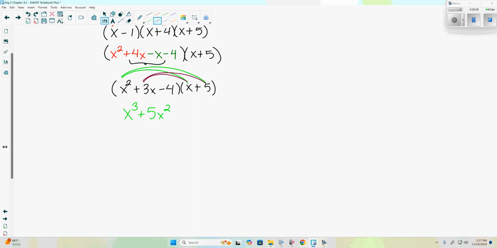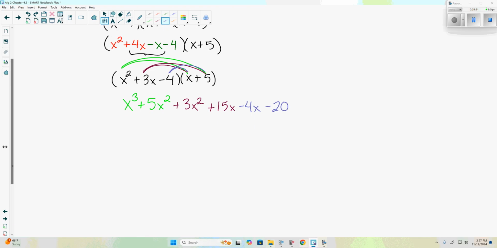And after we do that, we'll move on to 3x. 3x times x is plus 3x squared. 3x times 5 is going to be plus 15x. And lastly, negative 4 times x is going to be negative 4x. And negative 4 times 5 is going to be negative 20.